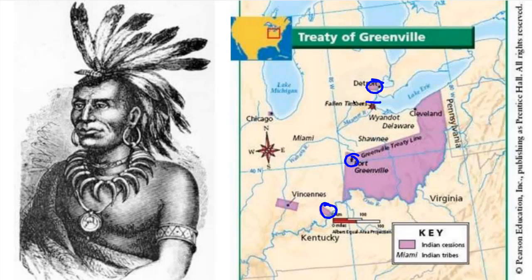And this was after the Battle of Fallen Timbers here. So things are not good for Native Americans as a result of the signing of the Constitution, because it only leads to further encroachment on native lands.